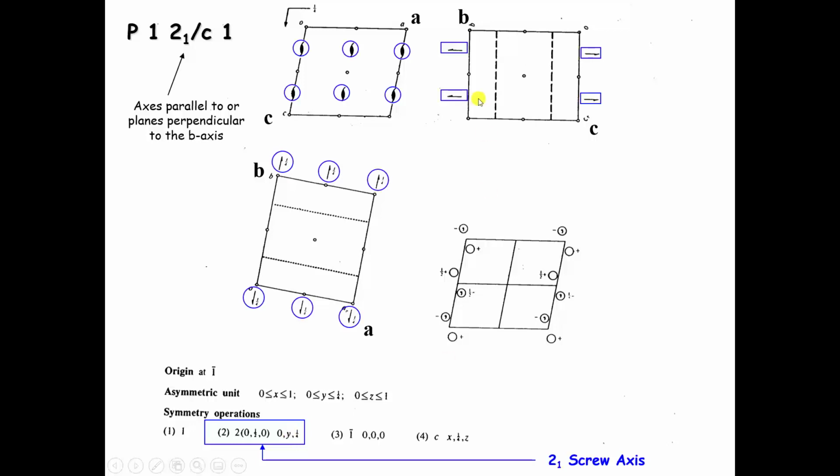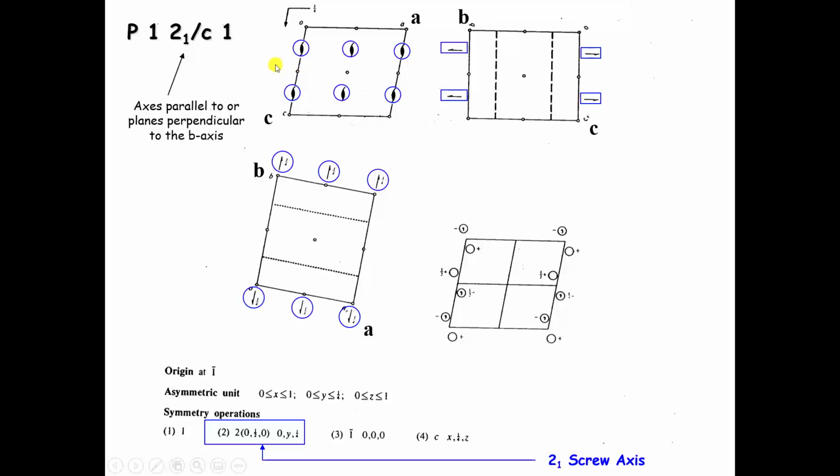Now, if we go look at our drawings, let's say 0 in A and 1/4 in C, that would be right here. So this hurricane-looking symbol that's circled in blue, that is a 2 sub 1 screw axis. And we are looking directly down the axis in this projection. If it were just a lozenge, in other words, if it didn't have these tails sticking out beyond it, then it would just be a twofold rotation axis.